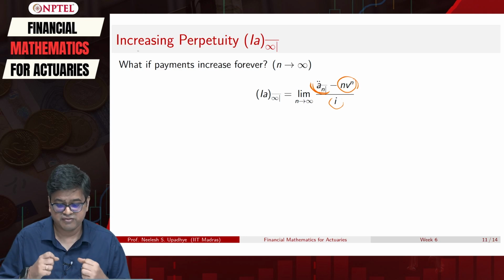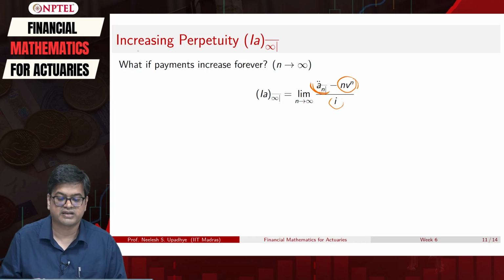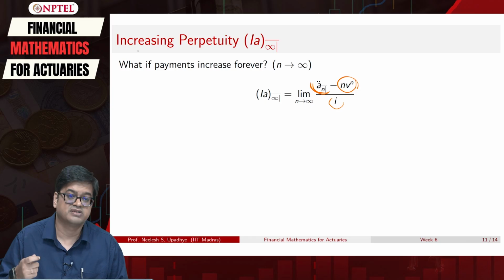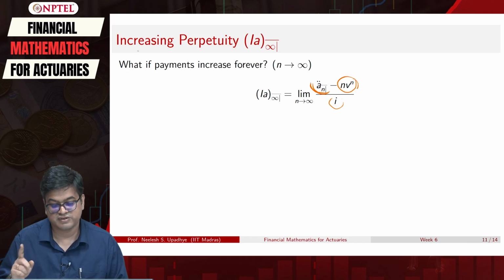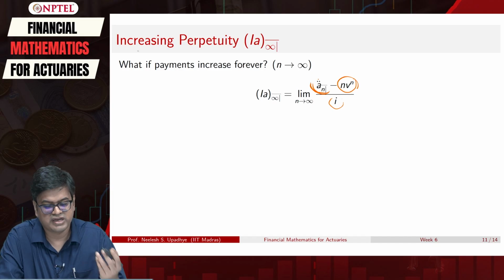So together v raised to N will dominate the increase of N, and v raised to N is a decreasing factor, right. So N v raised to N will together converge to 0, that is one important fact. Then this annuity due we have already handled.